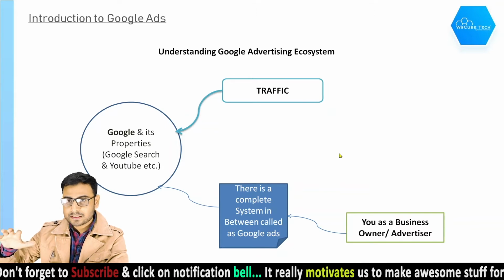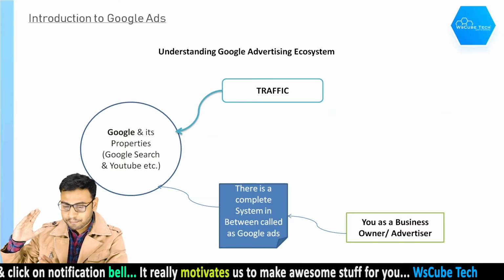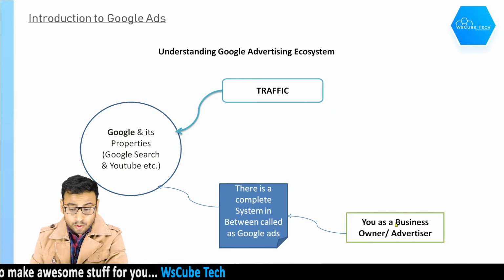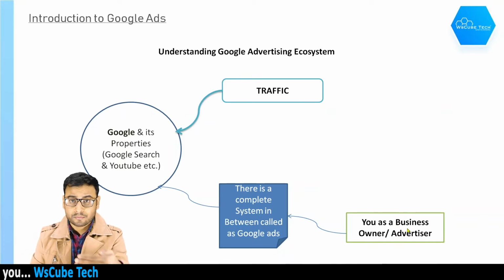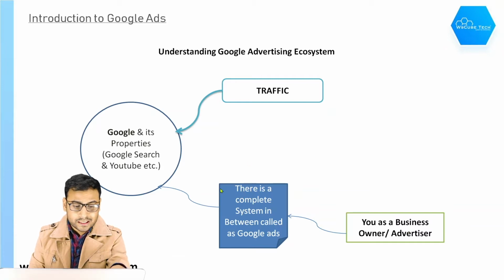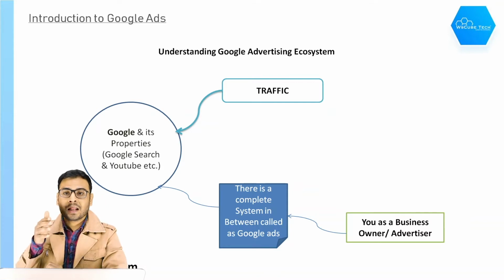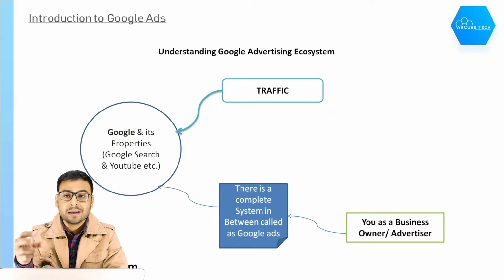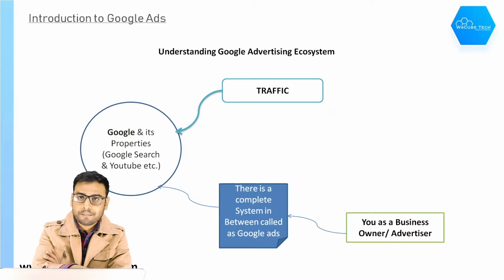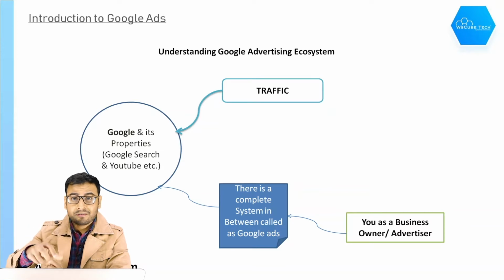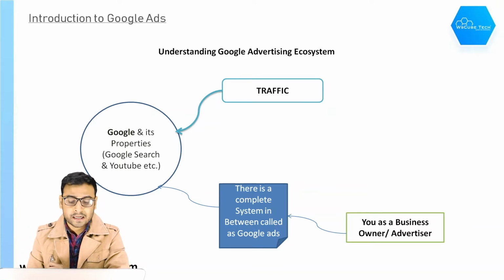And now suppose there is some other entity, like if you are a business owner or an advertiser, and you want to advertise, or you want to represent your business on these platforms, then you have to go through a system, right? That system which will basically allow you to put your advertisements, your ads on these platforms. So that particular system, that particular mediator interface or bridge is basically Google Ads.